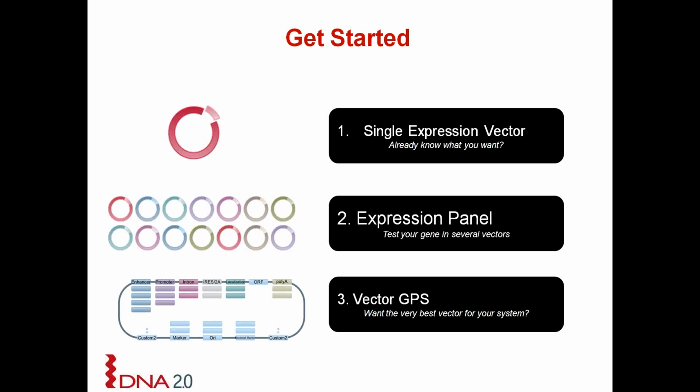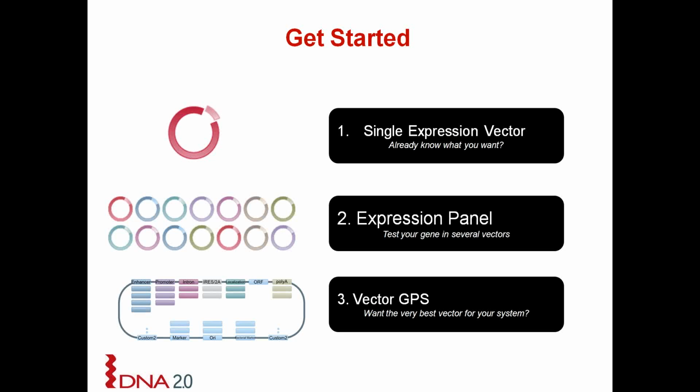If it's a mammalian host system, we'll work with you to identify which elements work well for your system, and then hopefully we can create a panel of vectors that have already been assembled to lower the cost and do this as quickly as possible, to gather initial data from there to design something optimal.